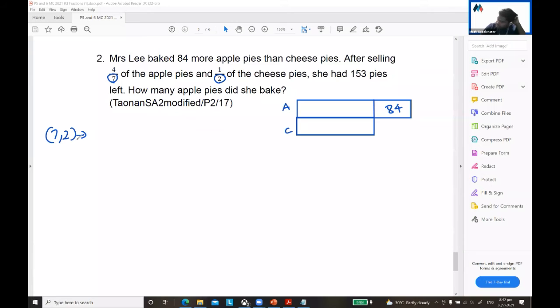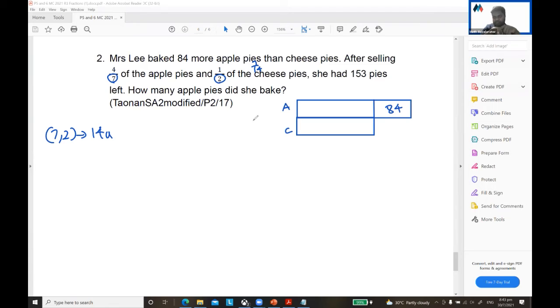What's the common multiple of 7 and 2? 14. All right, 14 units. So for this case, we're going to write it down as 7 over 14 of the cheese pies.